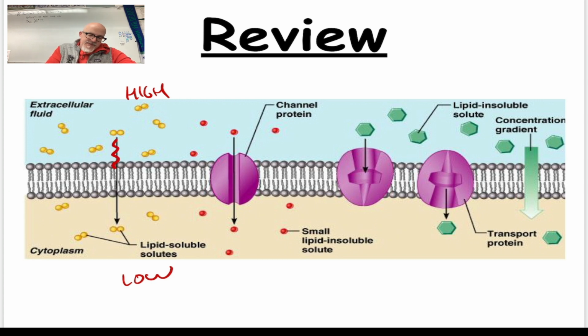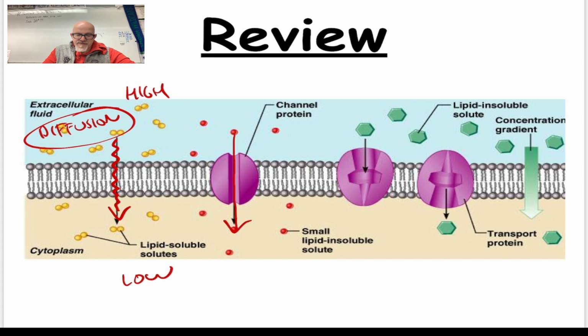This one is simple diffusion because it goes straight through. This one is going straight through as well. Small lipid insoluble solutes, so it has to go through. So this is facilitated diffusion.